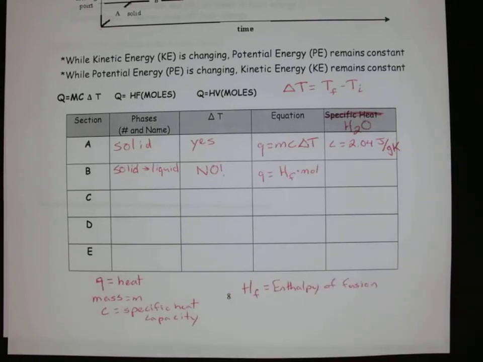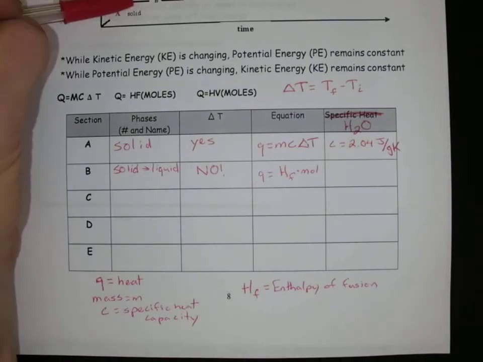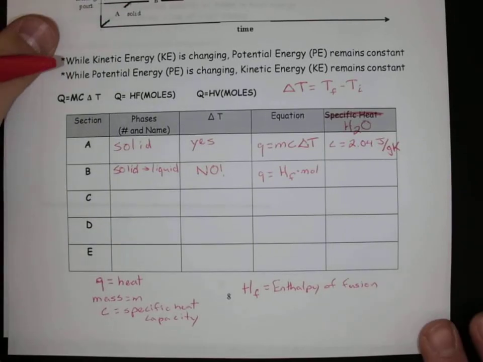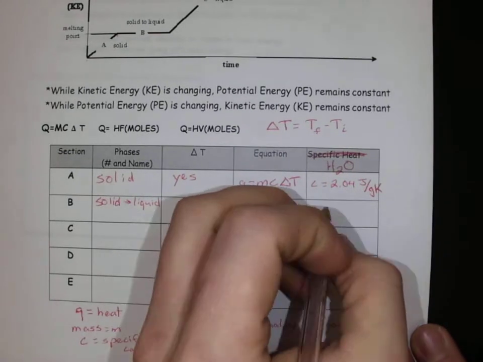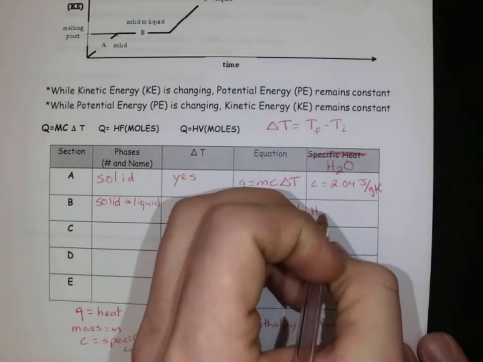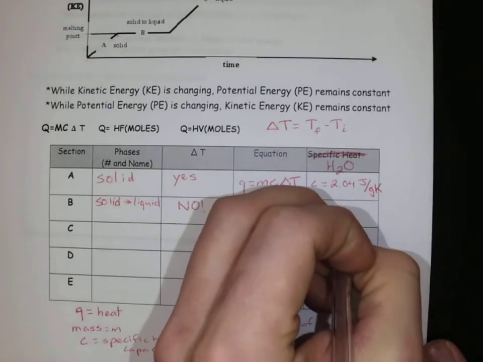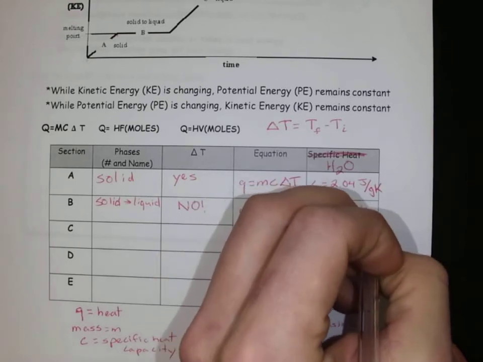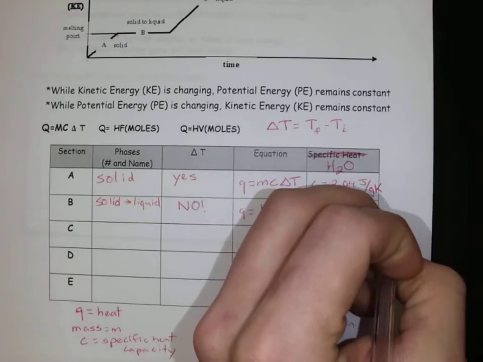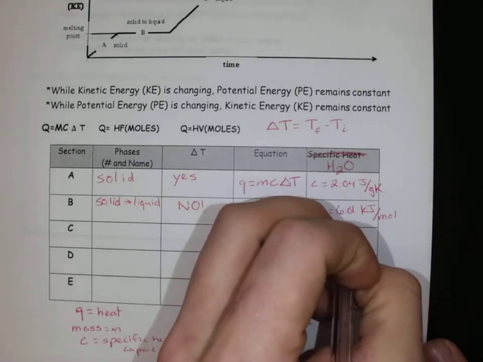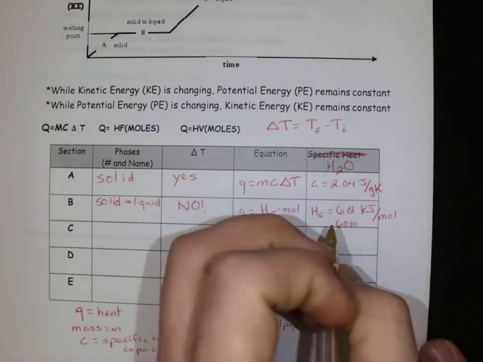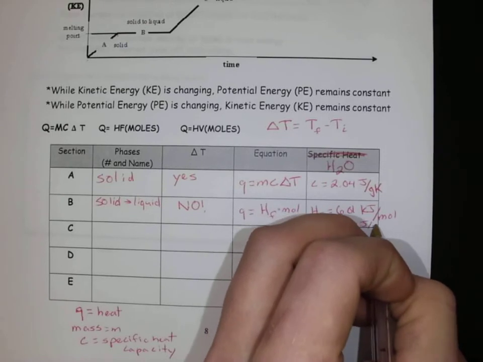So it's the molar energy, the molar heat that it takes to go from a solid over to a liquid, okay? So the enthalpy of fusion, that's what we're going to put over here in our last column. Enthalpy of fusion is equal to 6.01 kilojoules per mole, okay? So 6.01 kilojoules, or let's put it as 6010 joules per mole, okay?